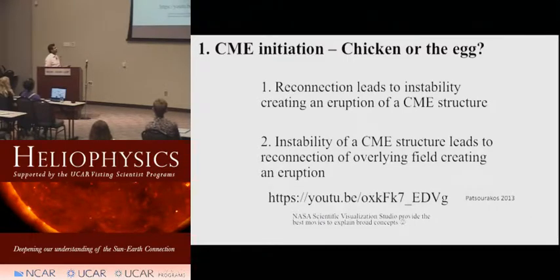Or is it the instability of an already pre-existing CME structure that then leads to further reconnection of the overlying field, and then you get the eruption? So it's a question of which way around these are happening. Scientists have been trying to figure out which one, and in many senses, what the probabilities of both are.